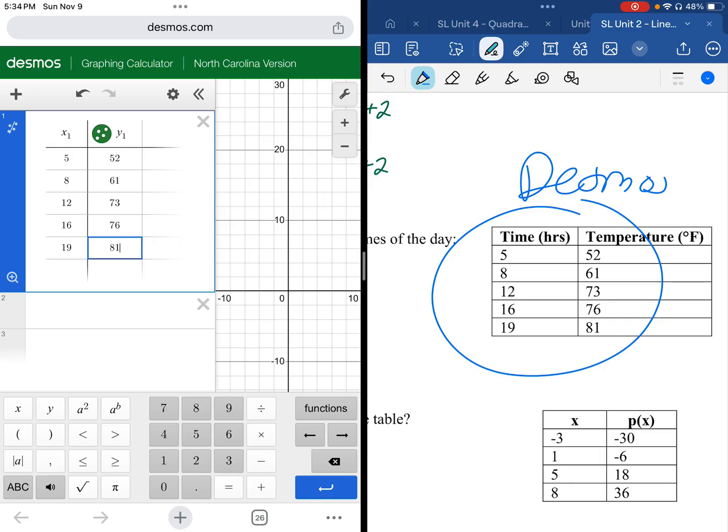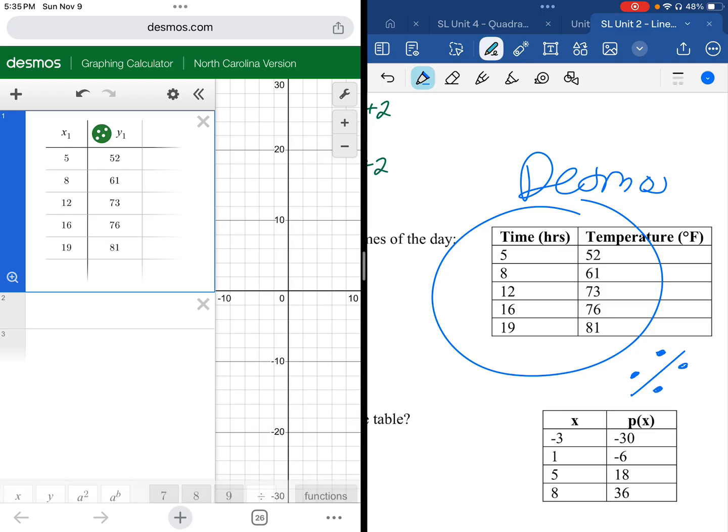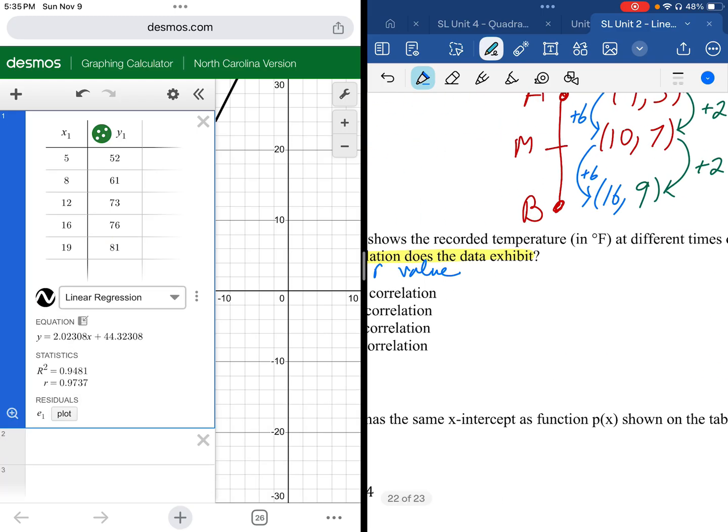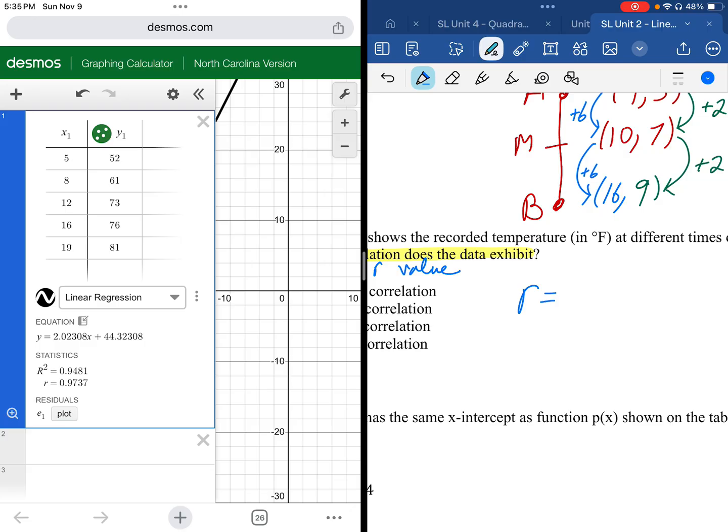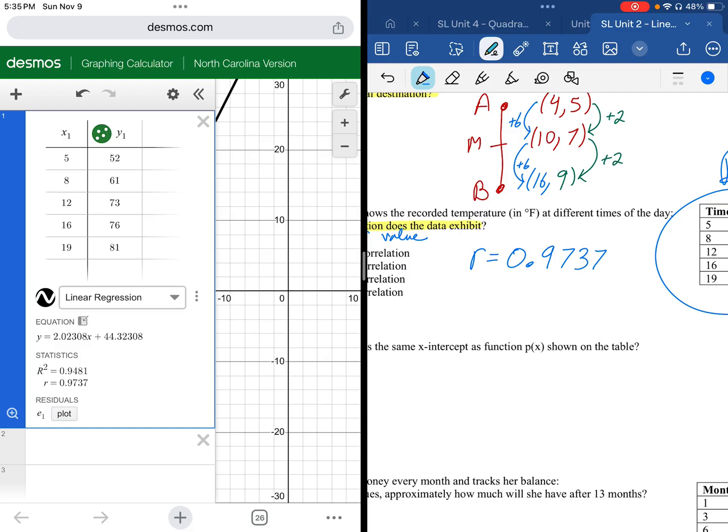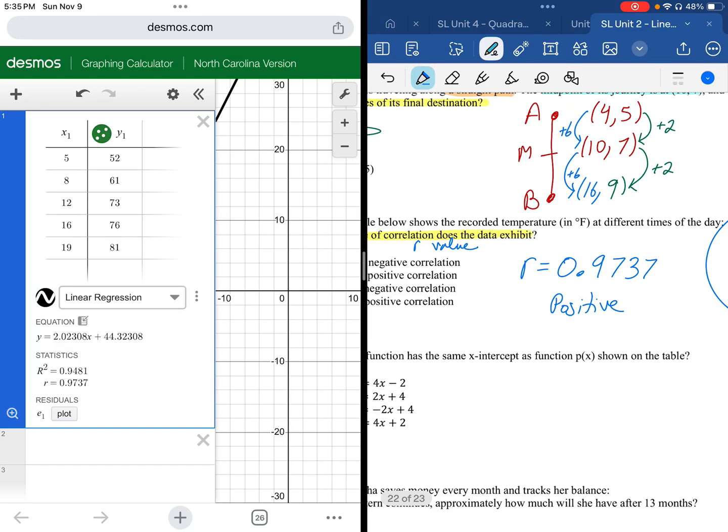Let's make sure I put all those in right. 5, 8, 12, 16, 19, 52, 61, 73, 76, 81. So then to get our R value, we have to click the little button with the lines and the dots right there. And we see our R value is 0.9737.